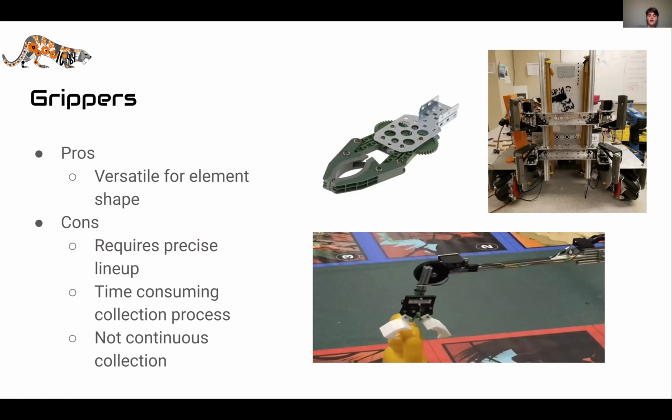It's also a very time-consuming collection process because you collect 1 or 2 at a time and can't just keep feeding them into your robot. Your claw can only obtain 1 or 2 elements for every cycle that you open and close it, which is not the most efficient, but it is fairly easy and simple to design.